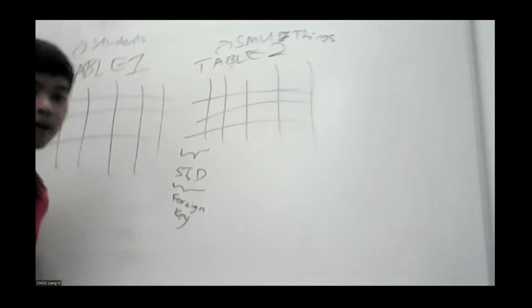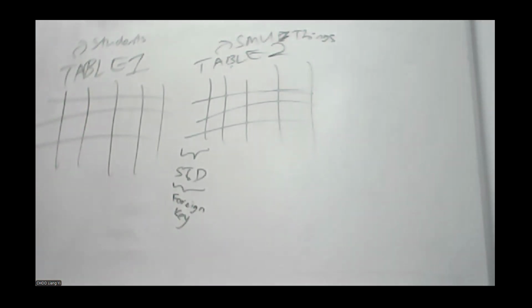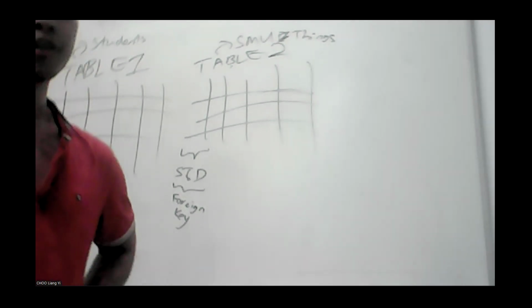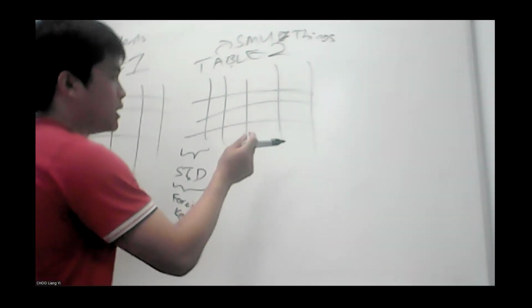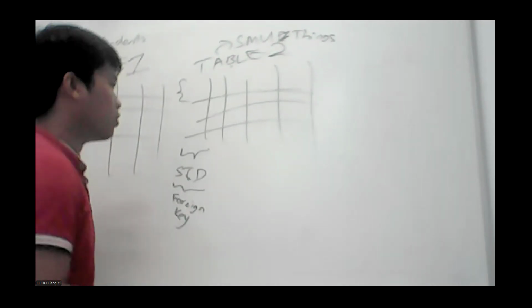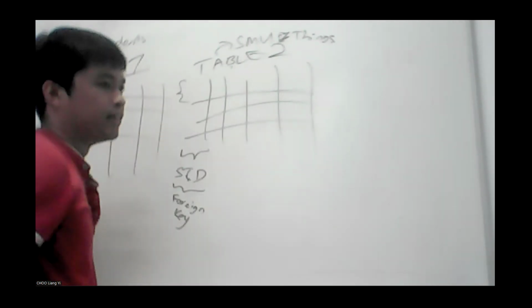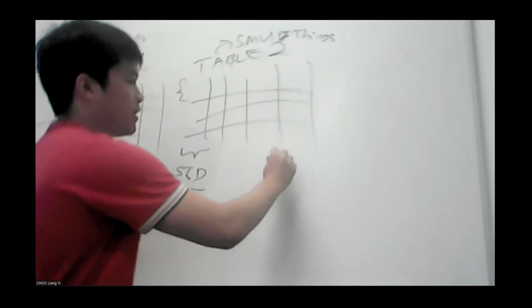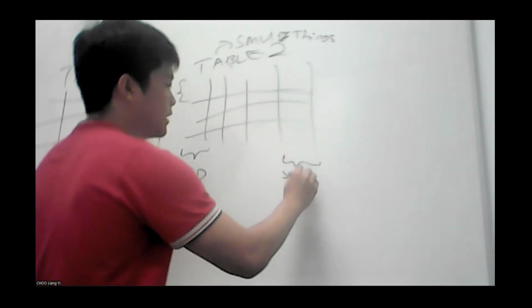But within each table, they also need a primary key. Just a bit of context: a primary key is the unique identifier. It is what identifies each row or each instance uniquely. Here, in SMU things, maybe they just call it SMU ID.